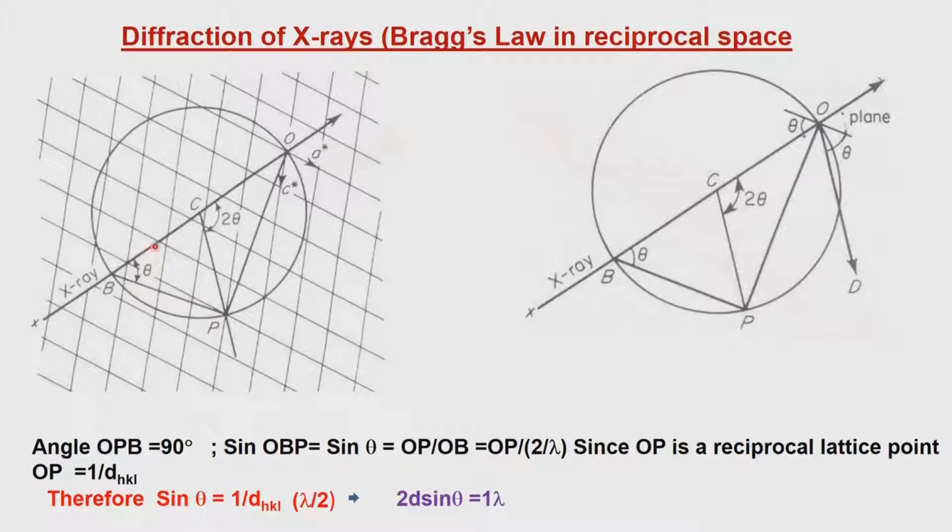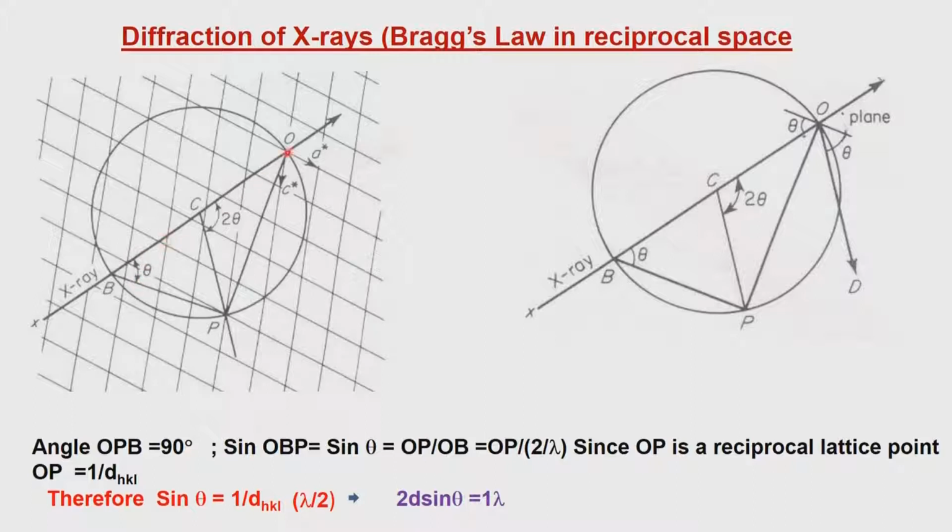So, this will be the sine of theta. If you consider the triangle OBP, one of the angles is 90 degrees. This angle is theta.